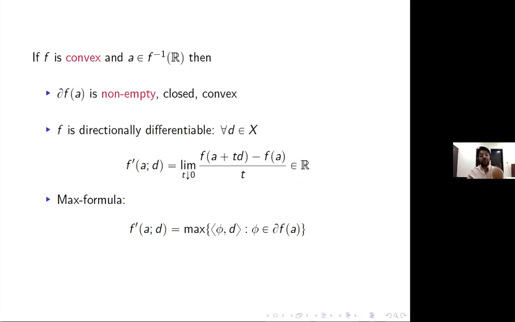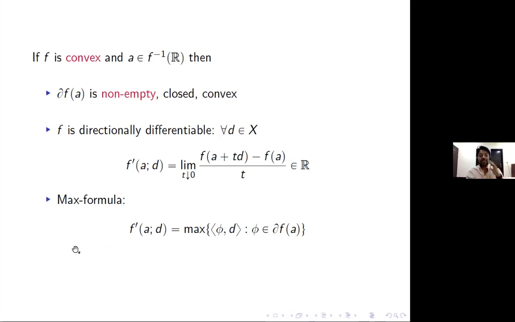And one more interesting property is the following. Using the formula known as the max formula, the directional derivative of f at a in the direction d is the maximum of phi evaluated at d, where phi runs over all the elements in the differential subdifferential of f at a.